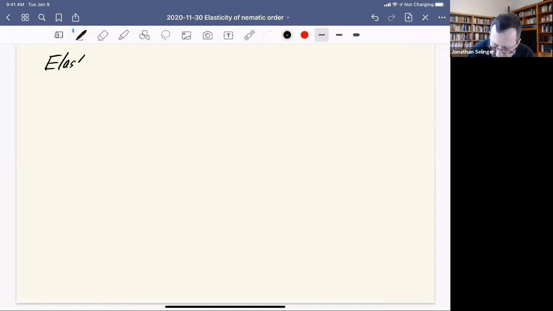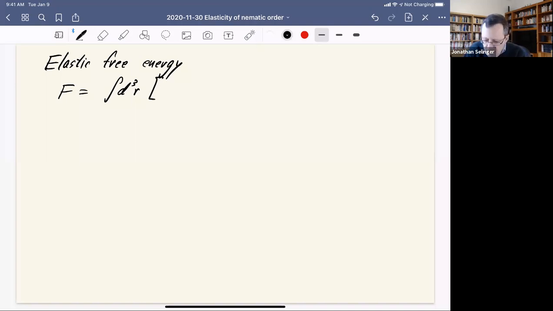So we could say that the elastic free energy of a liquid crystal must be an integral over the volume of something times splay squared plus something times twist squared plus something times the bend vector squared plus something times delta squared.